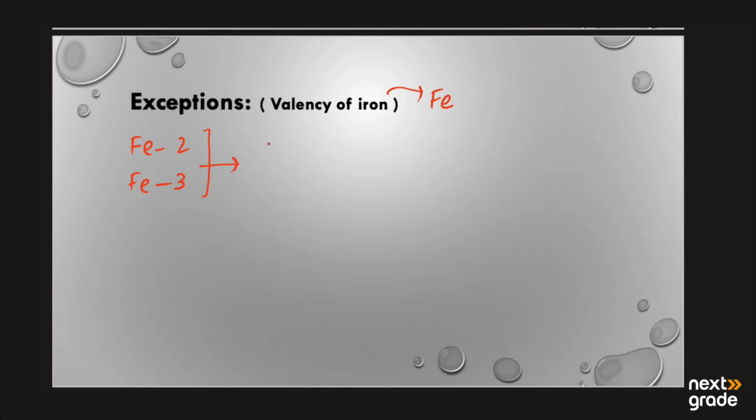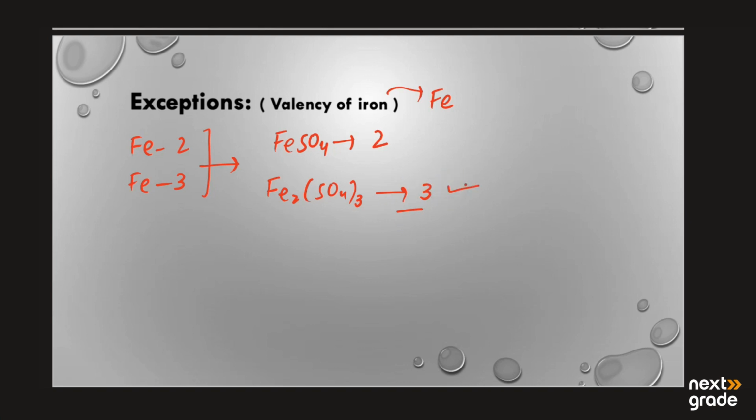For example, in ferrous sulfate, FeSO4, the iron has valency 2, and in another example, ferric sulfate, Fe2(SO4)3, the iron has valency 3.